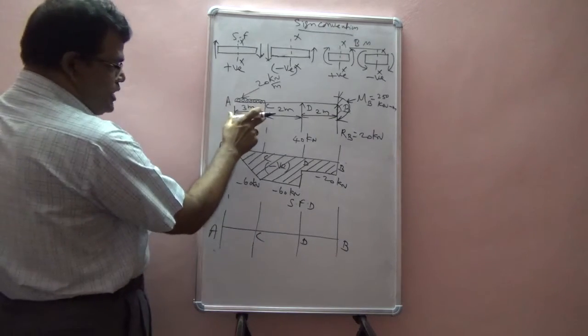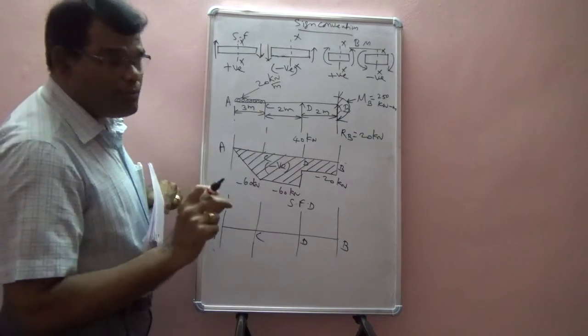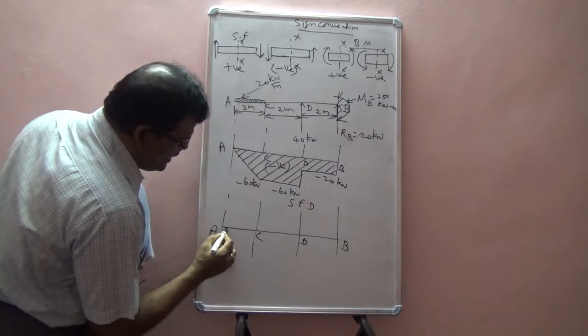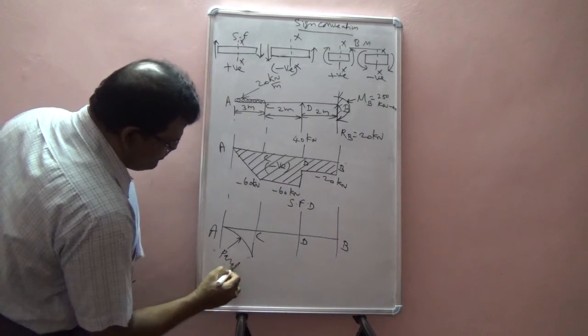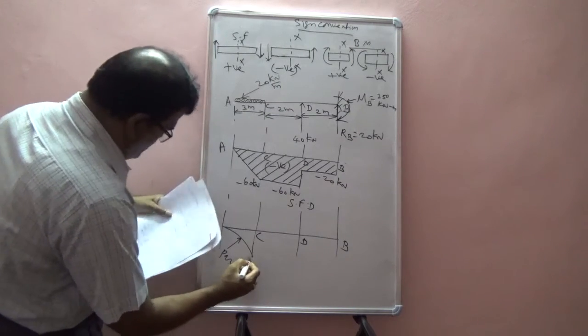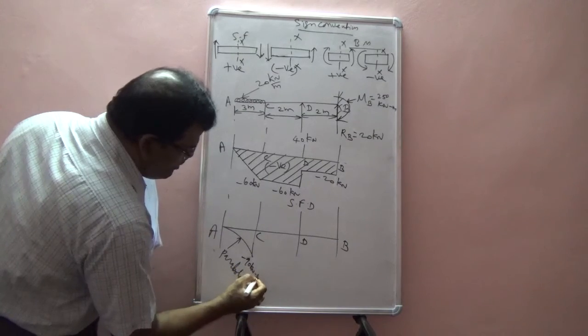But if you see the bending moment equation between A and C, it is following a parabola. Therefore, it should be like this. It's a parabola. You write here as parabola. So this value is minus 90 kilonewton meter.